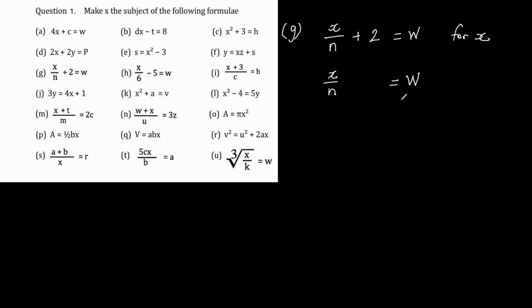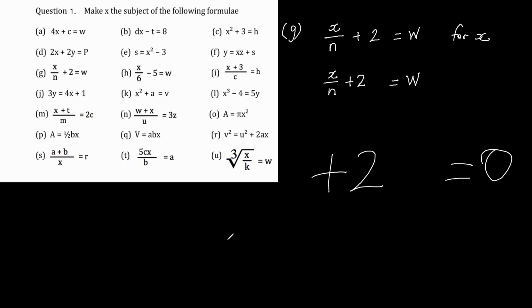No, not yet. Faith, if I want to get rid of 2, what must I do? How do I get rid of 2? Subtract it.